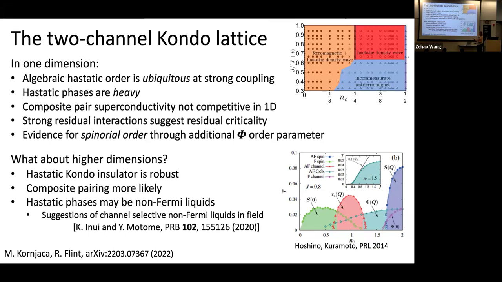That's what you get from the mean field picture. And then they looked at something basically similar, simulating this two-channel Kondo lattice in a magnetic field, where the field breaks the spin rotation symmetry, and they found a dome of non-Fermi liquid physics where only the spin up electrons that were hybridizing had non-Fermi liquid signatures, and the spin down electrons that were not hybridizing were normal Fermi liquids. So the ones that would form a heavy Fermi liquid were a heavy non-Fermi liquid, essentially.